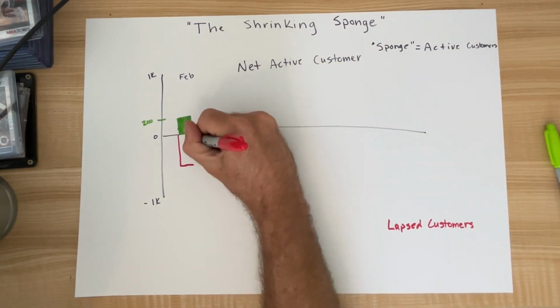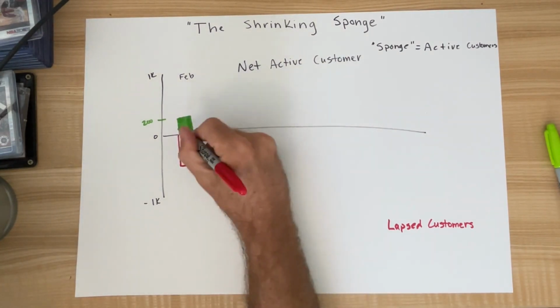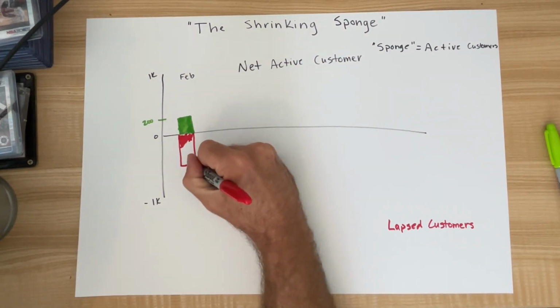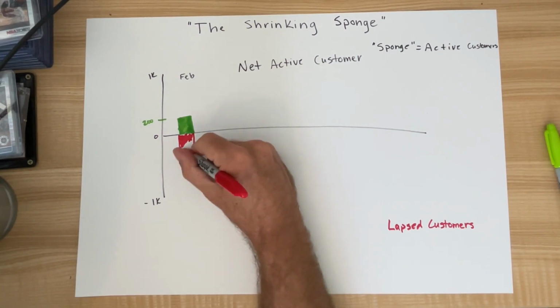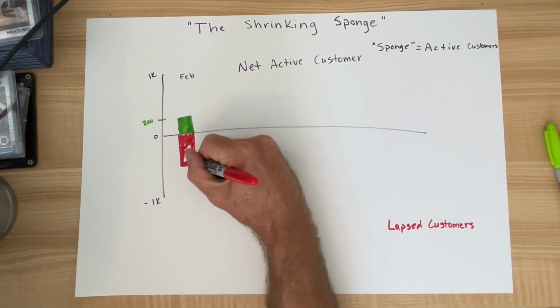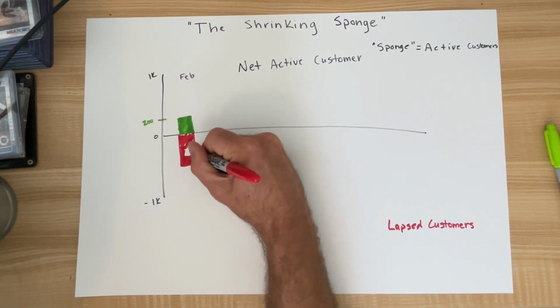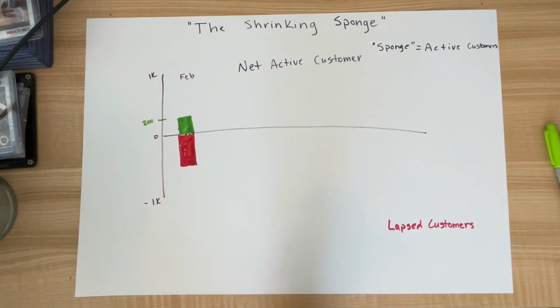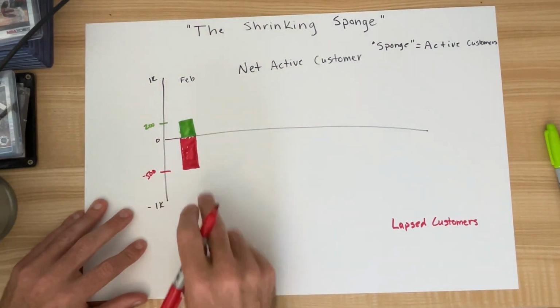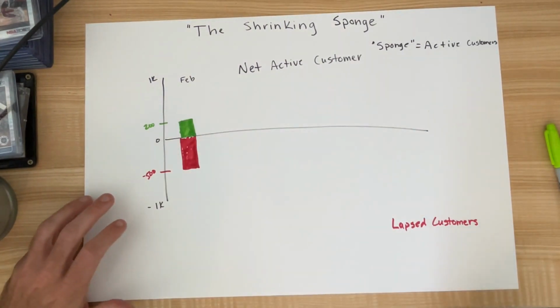You as a business have a certain number of customers that move out of active state into a lapsed state. Oftentimes we think about our customer file as one homogeneous set of people, but that's definitely not the case. There are customers that are way more active than others. These are our lapsed customers. They represent the negative portion of what will be our net active customer formula.